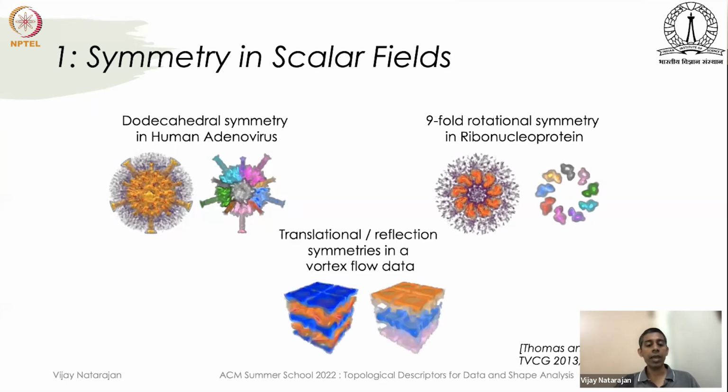Symmetry appears in engineering applications often. Different kinds of flows are symmetric. They have different periodic boundary conditions and so on. In many cases, the absence of symmetry is also something that is of interest, because either this means that there is some kind of an outlier or there is a bug in your code, right?